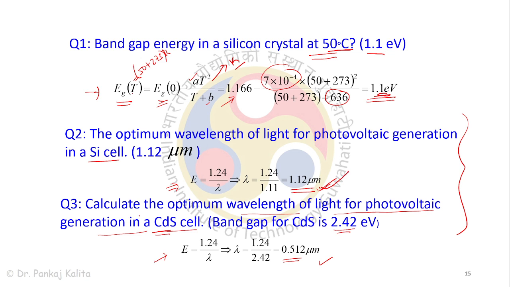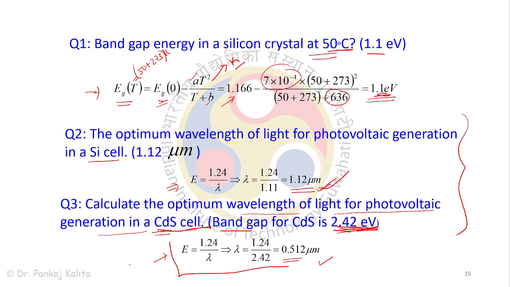Okay, now calculate the optimum wavelength of light for PV generation in a cadmium sulfide cell. The band gap is given. Note that the band gap is 2.42 electron volt.